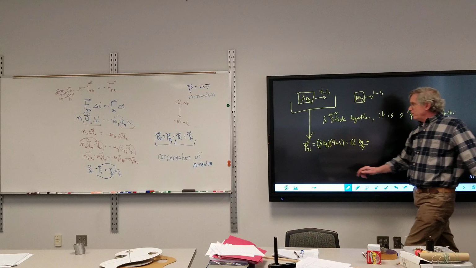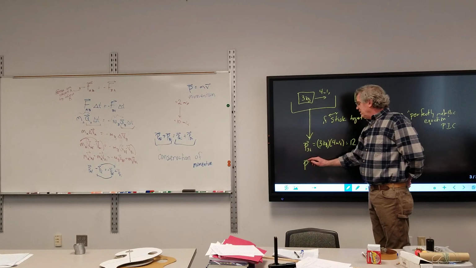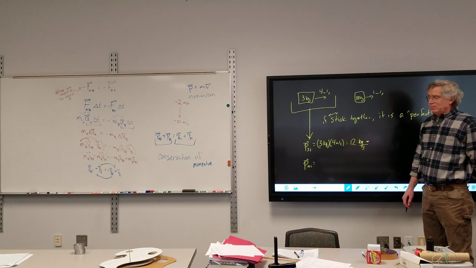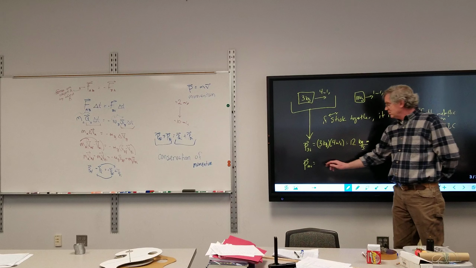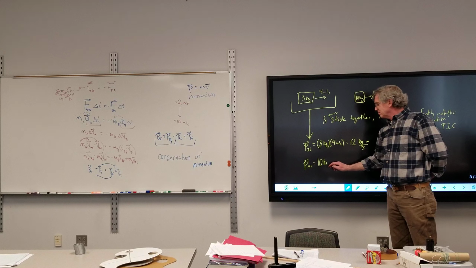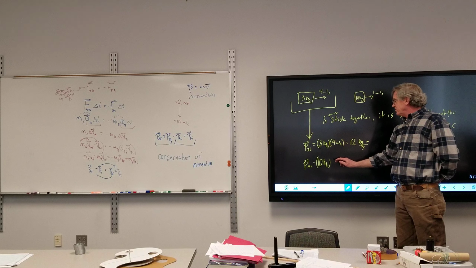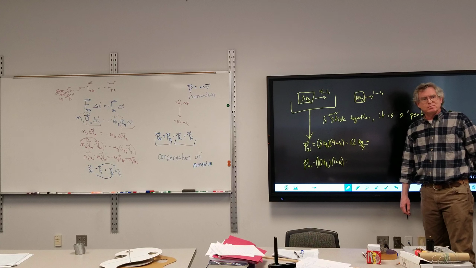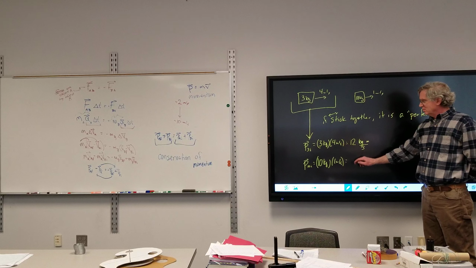All right, let's do the other one. The momentum of the 10 kilogram object initially: the mass, 10 kilograms, times the velocity, 1 meter per second, and I get 10 kilogram meters per second.